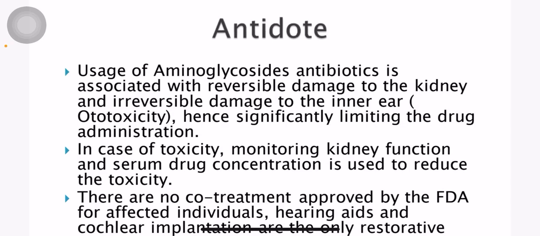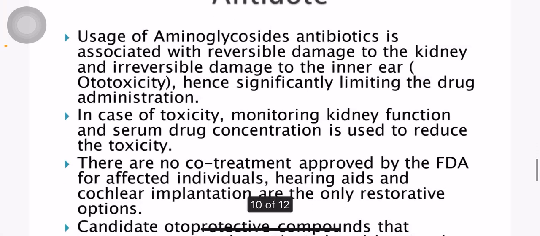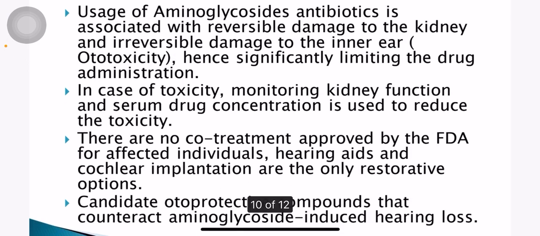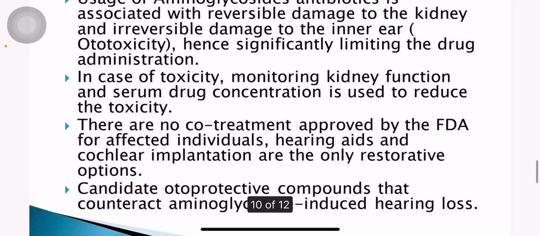As we said, the usage of aminoglycoside antibiotics is associated with reversible damage to the kidney and irreversible damage to the inner ear, causing ototoxicity. Hence, it significantly limits the drug administration. In case of renal toxicity, monitoring kidney function and serum drug concentration is used to reduce the toxicity.